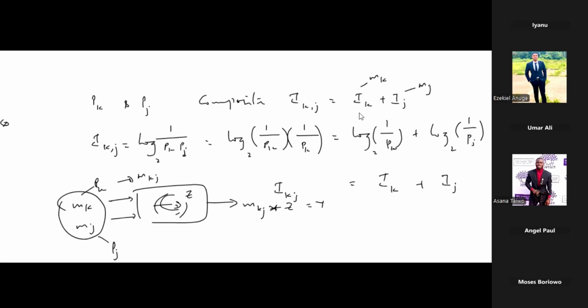So we now realize that for us to be able to extract this information, we should be able to extract this information as m sub k, m sub j. And recall, let's assume this is the time domain, in terms of your system modeling. Once we transform this to the frequency domain, it becomes multiplication, right?